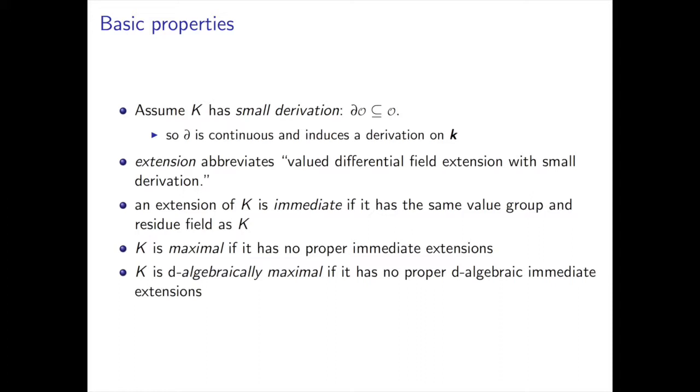So maybe another question is, could it be that you have an immediate extension that allows you to extend the derivation, but it can't possibly be small? The way to answer your question is you have to show that maximal immediate extensions, in this sense, are actually spherically complete as valued fields. And then they're maximal as valued fields. Yes, so that's what I was asking. Is that true? Yes, that's true. Okay, so in this sense, with small derivation, that's true. Okay, interesting.